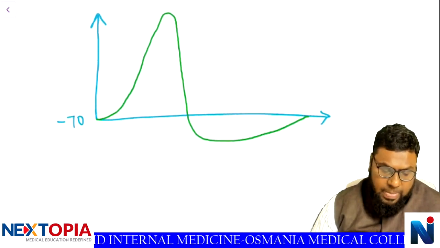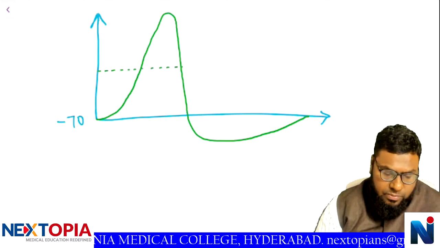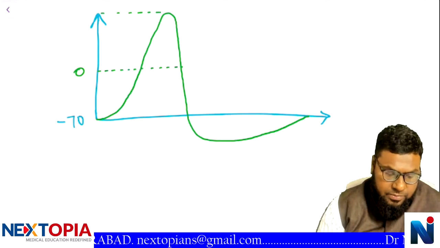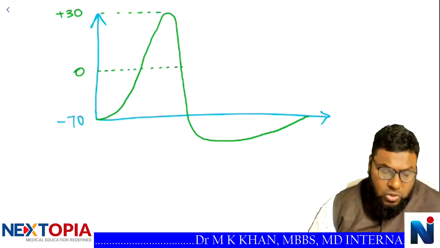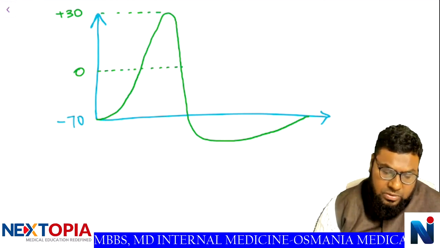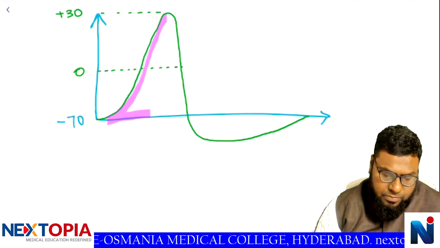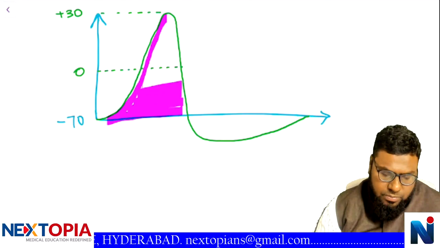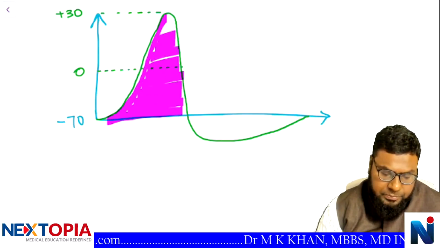So in this phase, as you can see, say suppose this is 0 and say suppose this is plus 30 millivolts of potential difference. So the area, the first half, so this part, I'll shade it in pink.